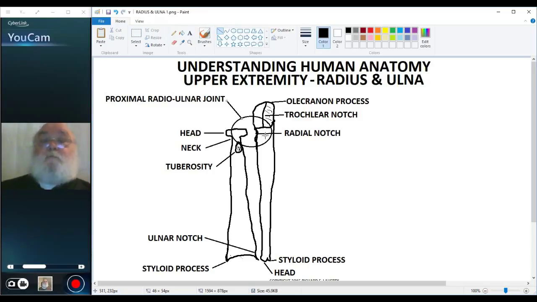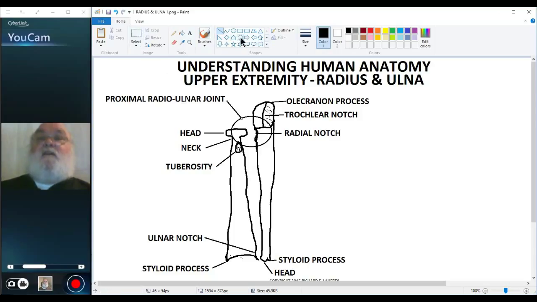There's a space between the bones that's filled with fluid. This joint is actually continuous with the joint between the head of the radius and the capitulum and the trochlear notch of the ulna with the trochlea of the humerus. There's actually one big joint cavity with all three joints.